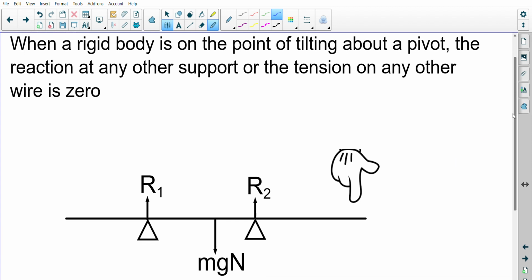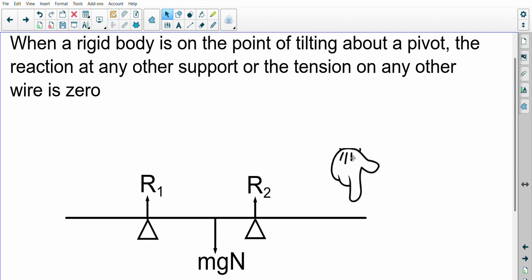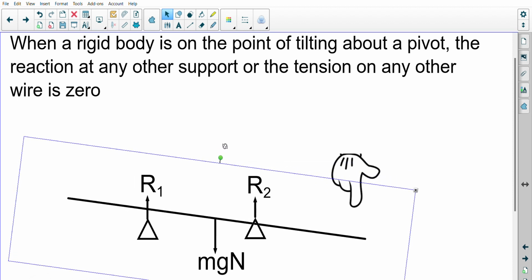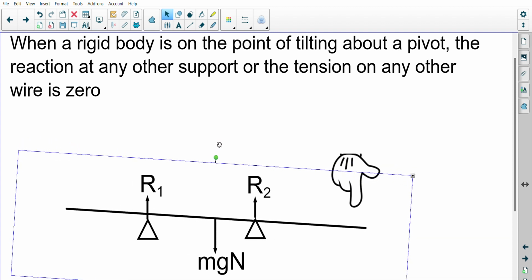Okay, so let's have a look. So if this force here is applied, then the rigid body will start to pivot. Now, if this actually pivots in a clockwise direction from that force, you can see that very slowly, actually, the rigid body will come off this first support entirely.